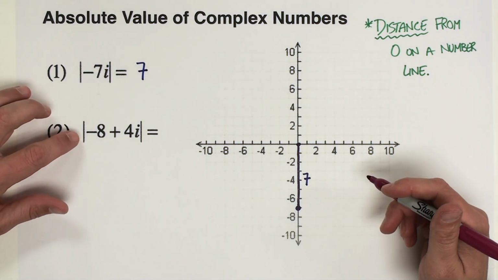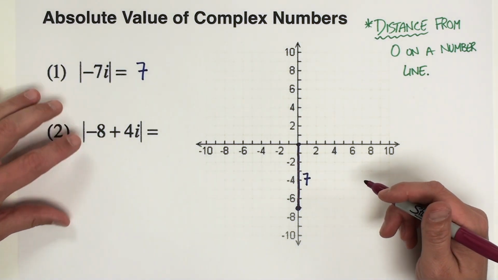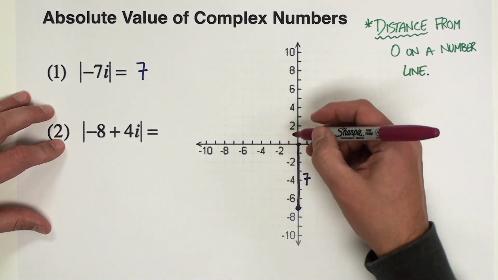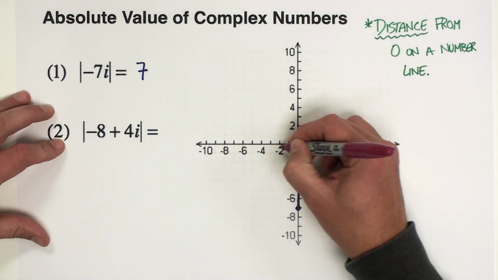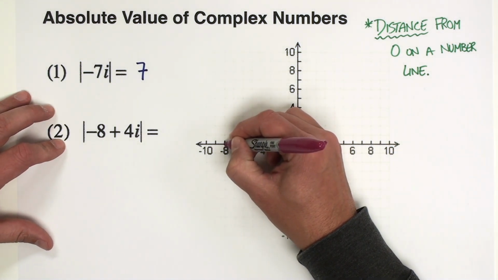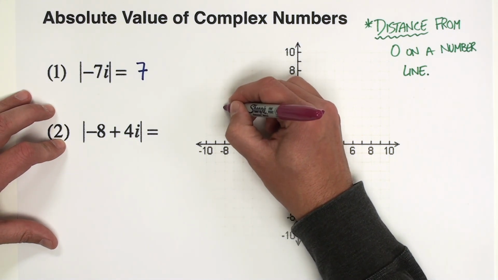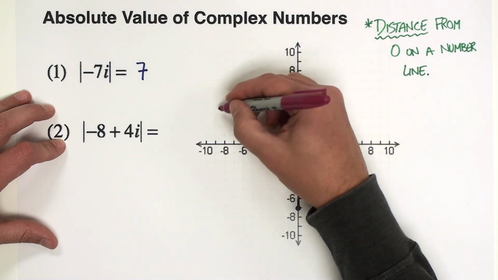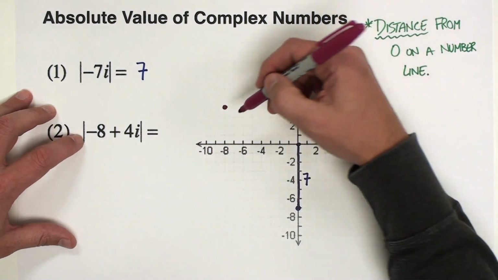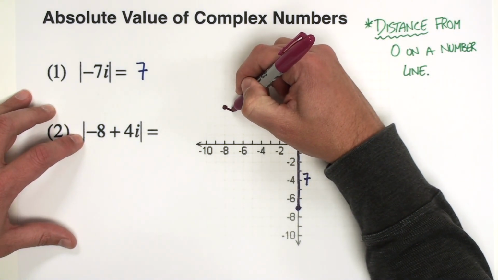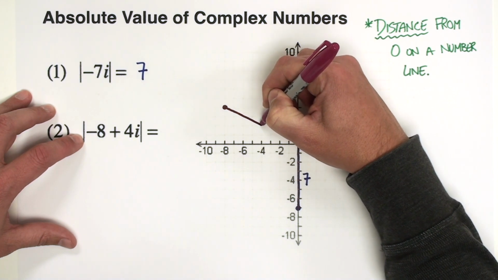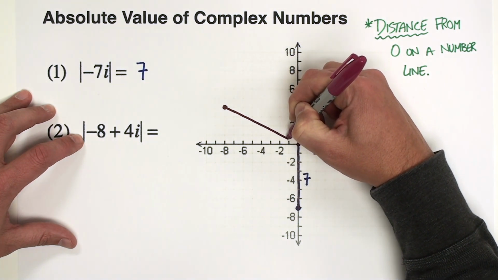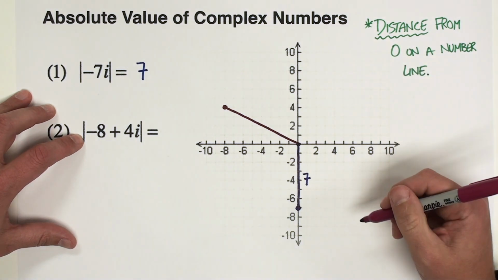Second example, we want the absolute value of negative 8 plus 4i. So I'm going to plot it first. Negative 8 in the real direction, 4i in the imaginary axis direction. So there's negative 8 plus 4i. And I want to know how far away that number is from the origin.